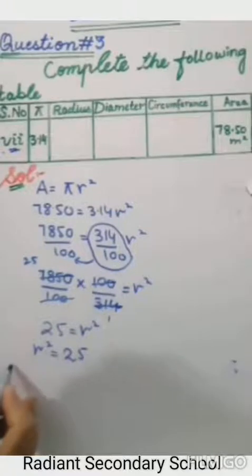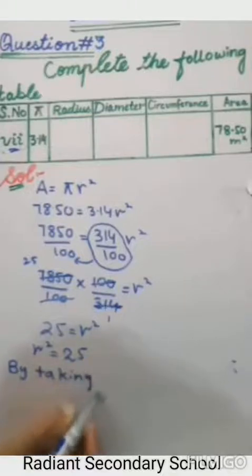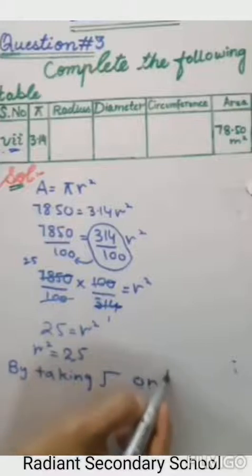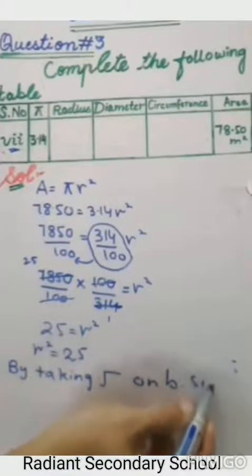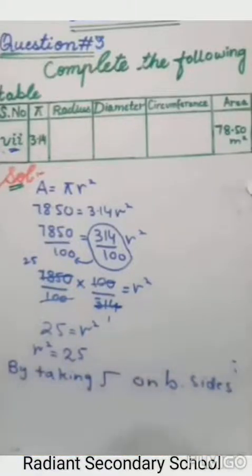Okay, so you have to write by taking under root on both sides. Now when we will take under root on both sides, it will become like this.